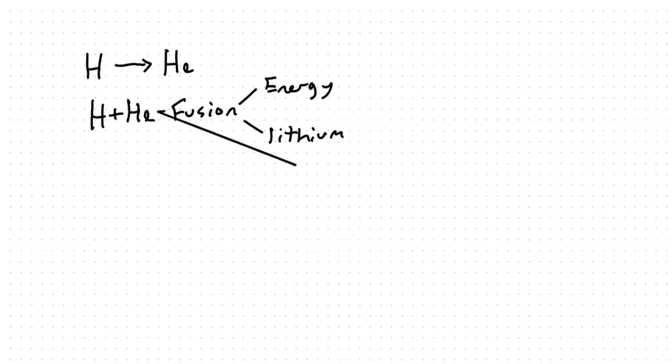And then if we get, let's just continue on, helium and helium in the sun, or a star, not necessarily our sun, so now we have 4 protons. You'd get energy. And then you would also get beryllium.